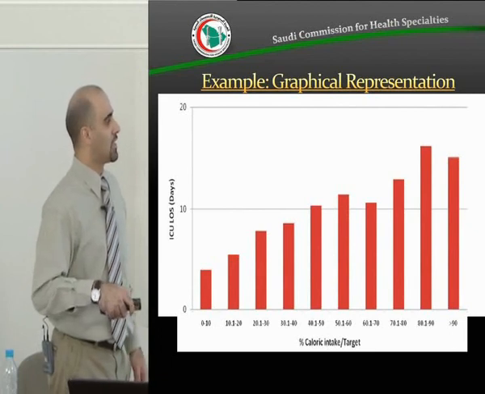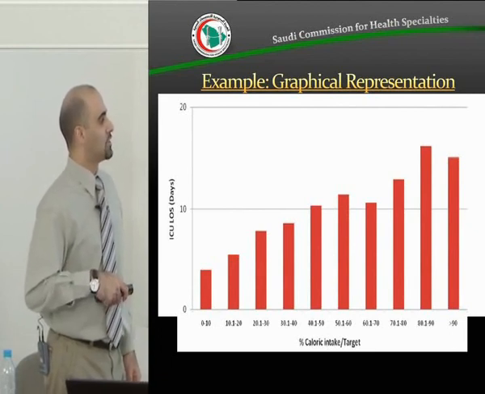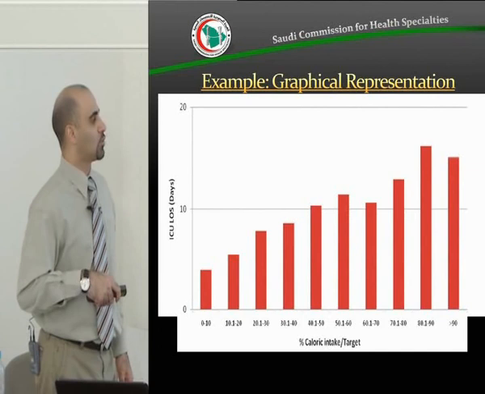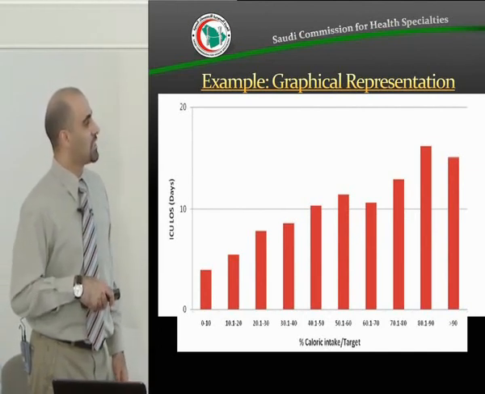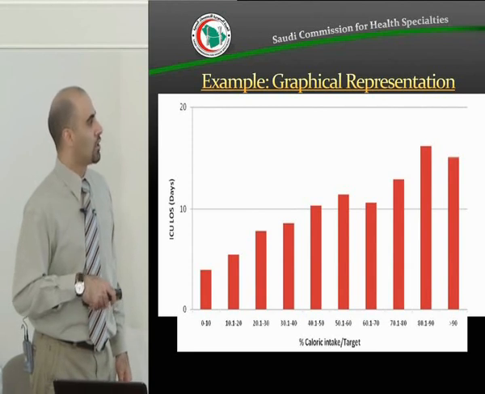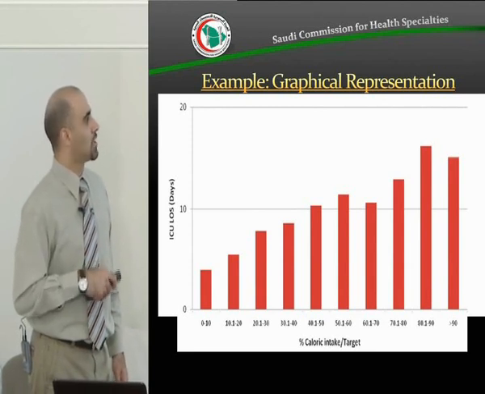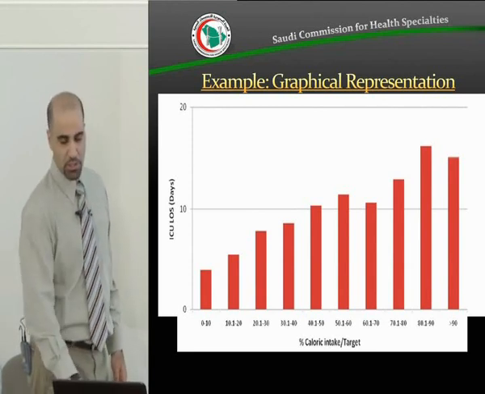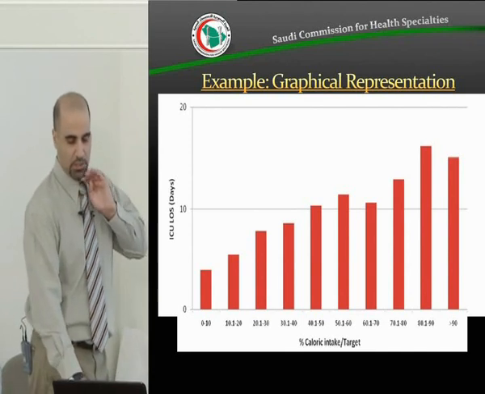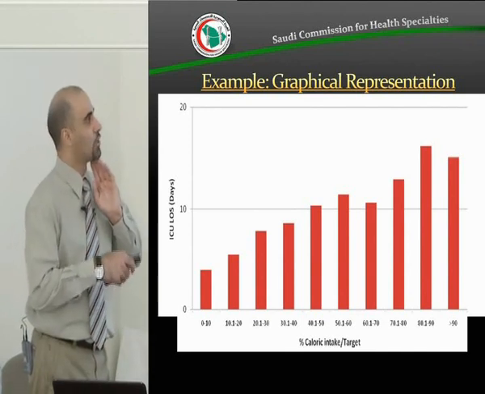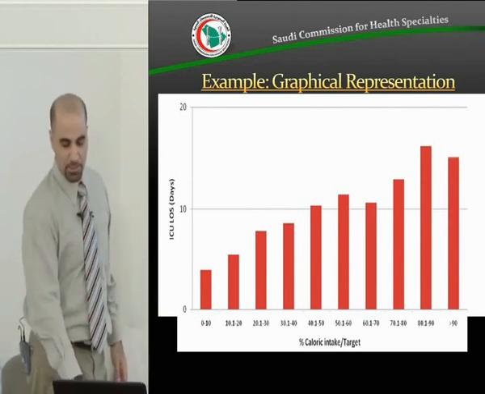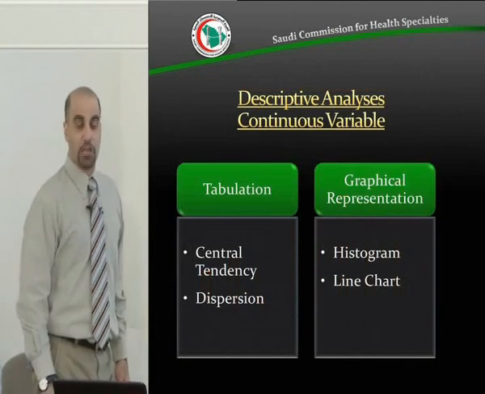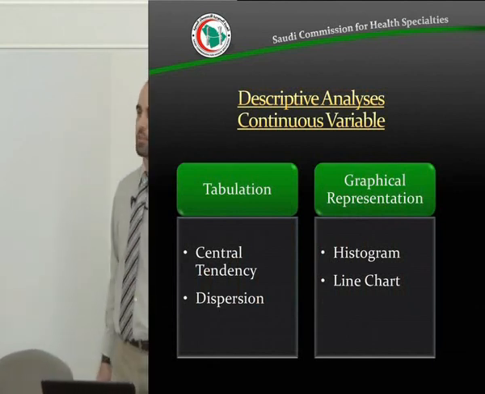So here is the variable, which is divided 0 to 10, 10 to 20, 20 to 30. These are categories. This is why there is a space between each one of them. And this is the ICU length of stay. So this is a bar chart. A pie chart, just to summarize, is a graph where you have a circle and you have slices which represent the percentage.